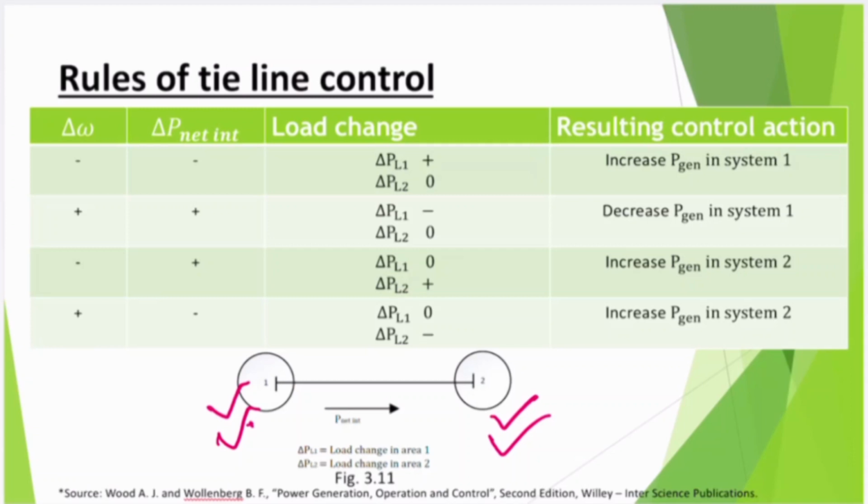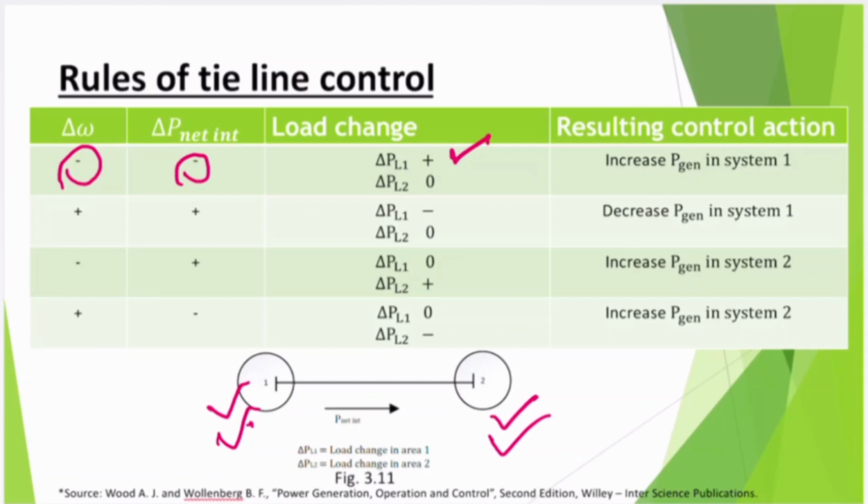I will clearly explain one segment so that you don't carry any confusion. Let's say when delta PL1 is positive, that means there is a frequency drop, since the load increased. So delta omega becomes negative, and the delta P net interchange is negative.